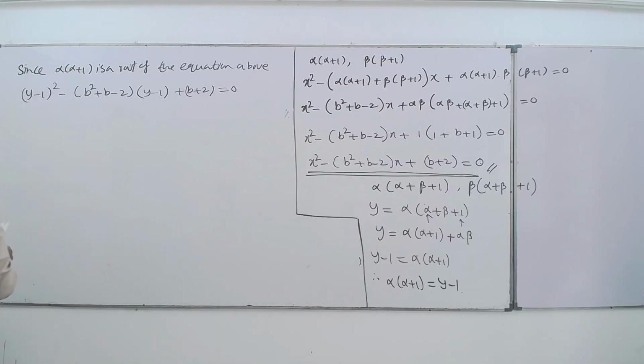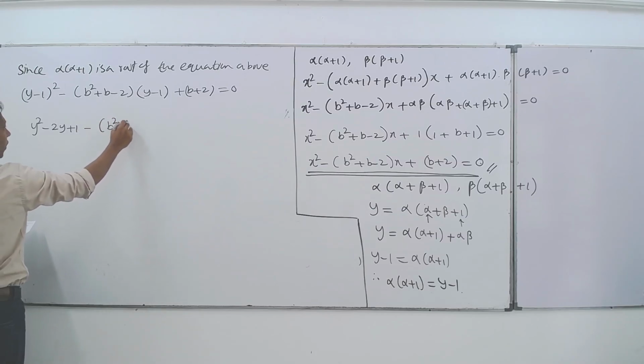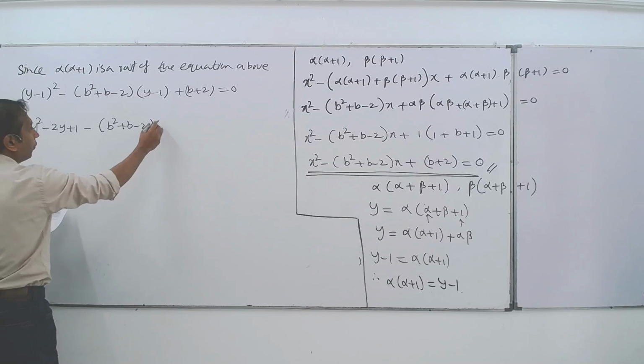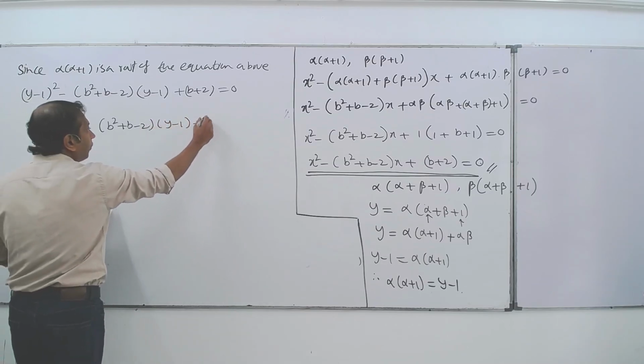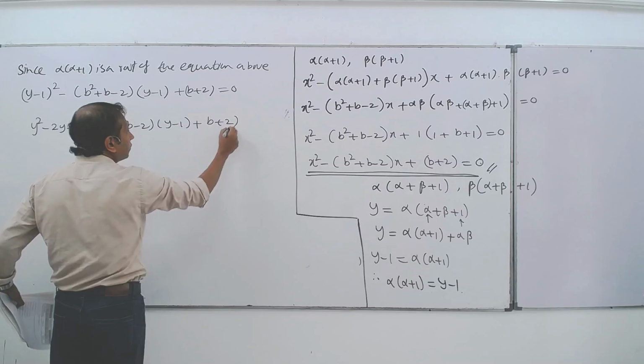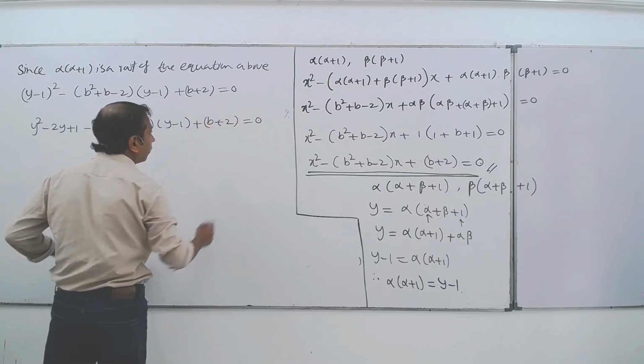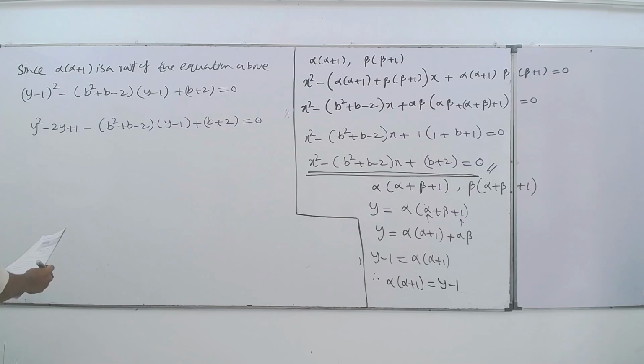Okay, now we can simplify this until we get this equation. We'll square this: y squared minus 2y plus 1, minus (b squared plus b minus 2)(y minus 1) plus b plus 2 equals 0. Now y terms we can take together, y squared terms separately.